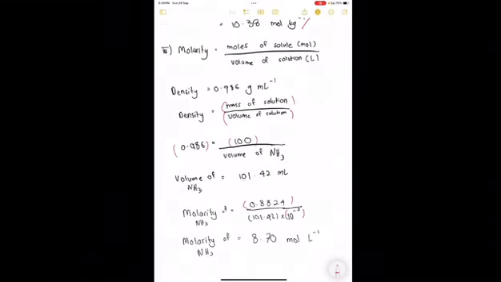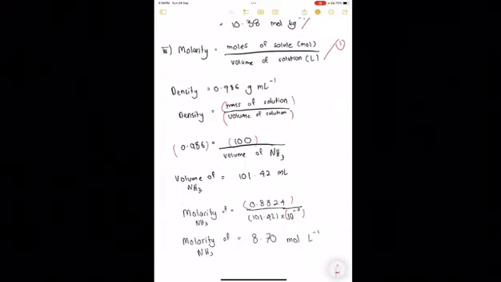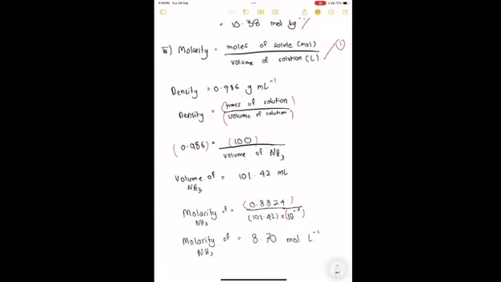Okay, so let's move on to the next question, which is we need to find the molarity of NH3. As we know, the formula for molarity is moles of solute over volume of solution. We need to state the formula so we can get one more mark here. We already have the number of moles of solute, but we didn't have the volume of solution.